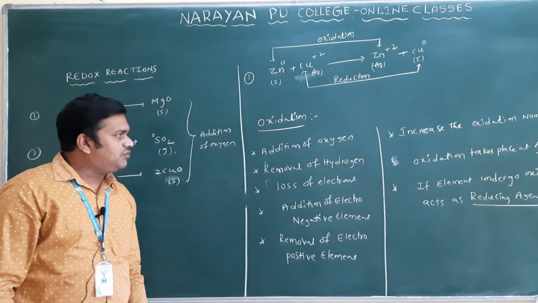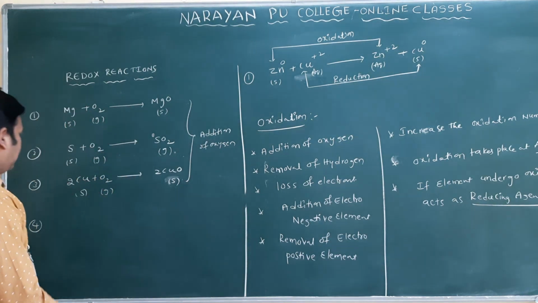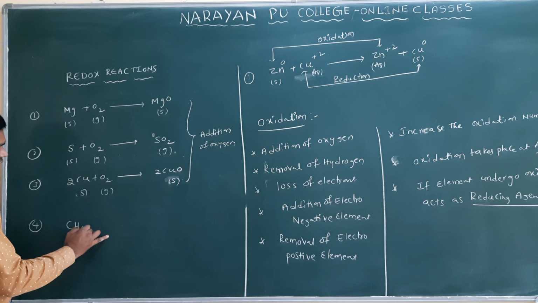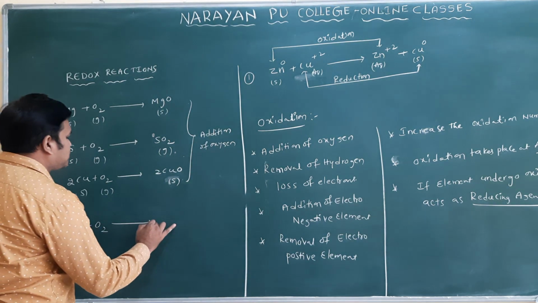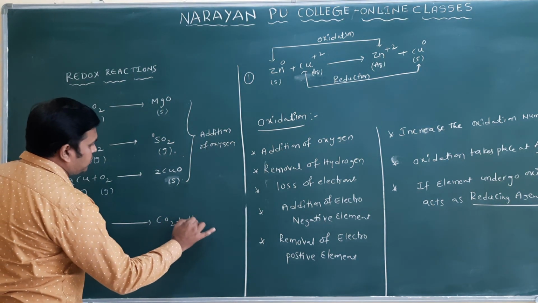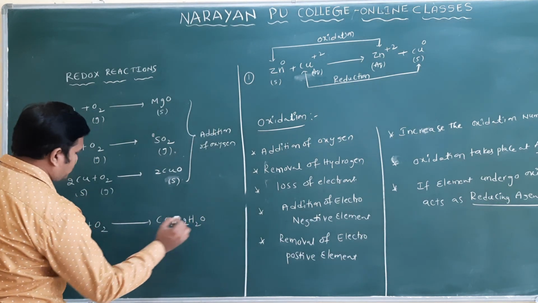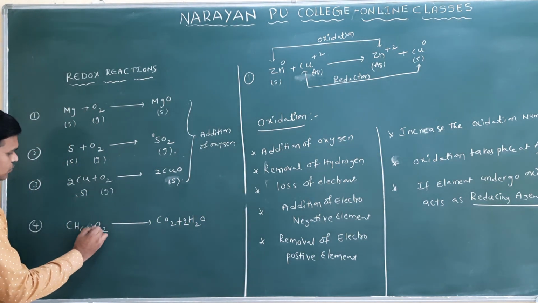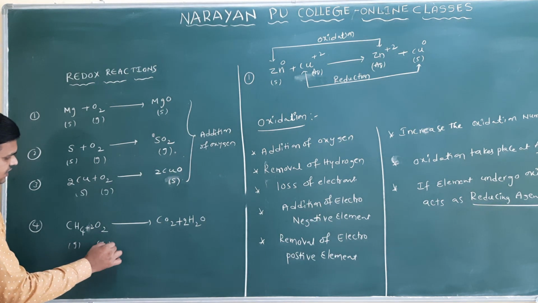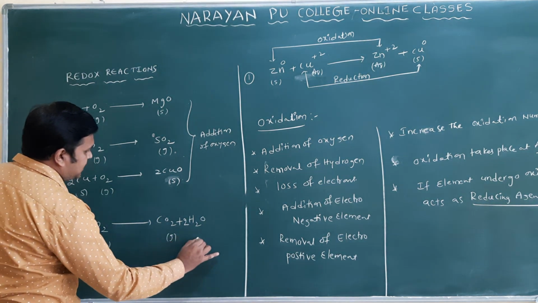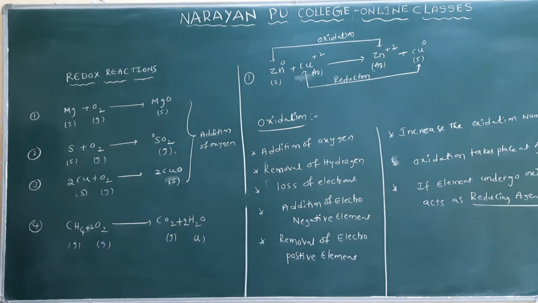Now the next one is removal of hydrogen. I want to take methane: CH4 plus 2O2 gives CO2 plus 2H2O. CH4, O2 and CO2 are gases, and H2O is a liquid.